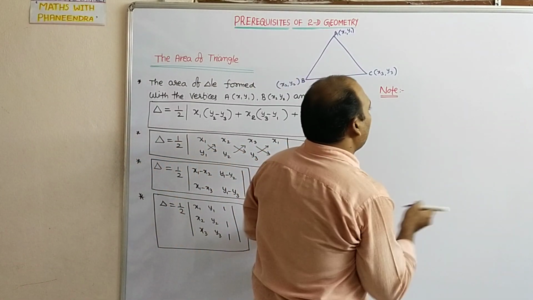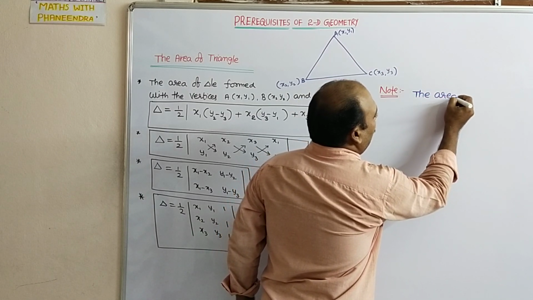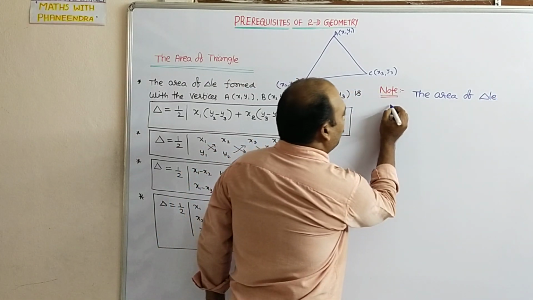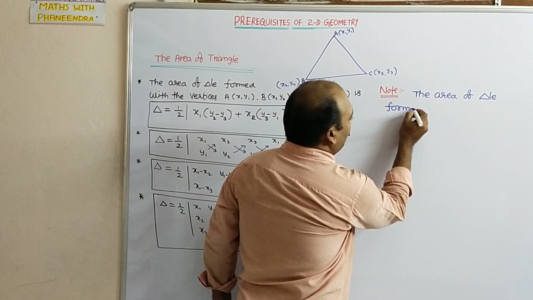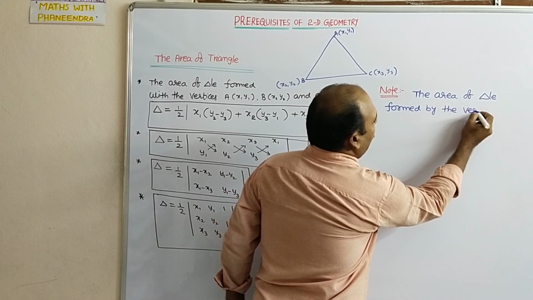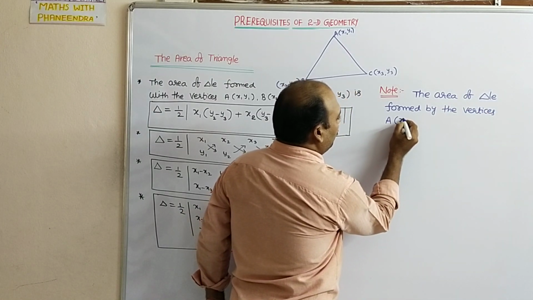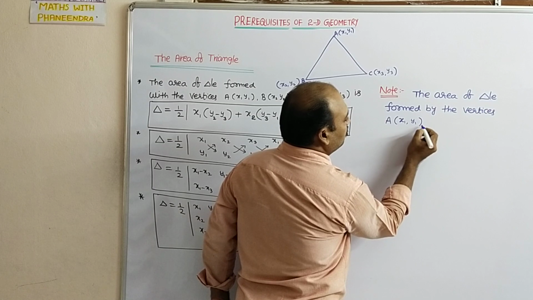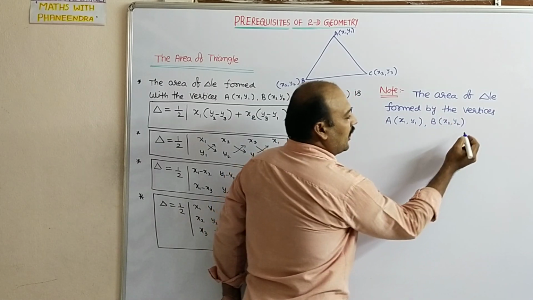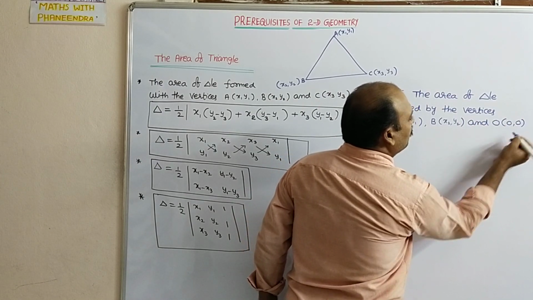So the area of triangle formed by the vertices A of (x1, y1), B of (x2, y2) and origin O of (0, 0).